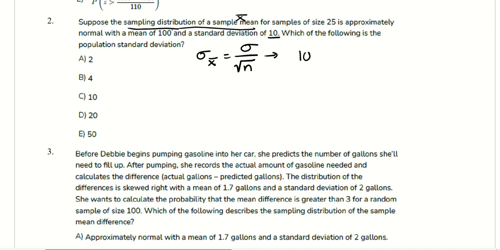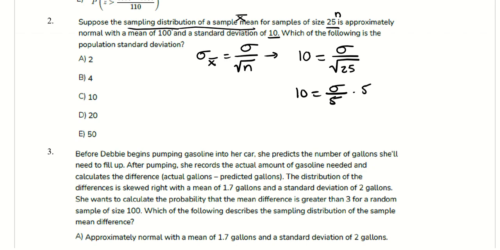So we have 10 is equal to sigma over square root of 25, the sample size. So 10 is equal to sigma over 5, and then you multiply by 5 on both sides, and you get sigma equals 50.